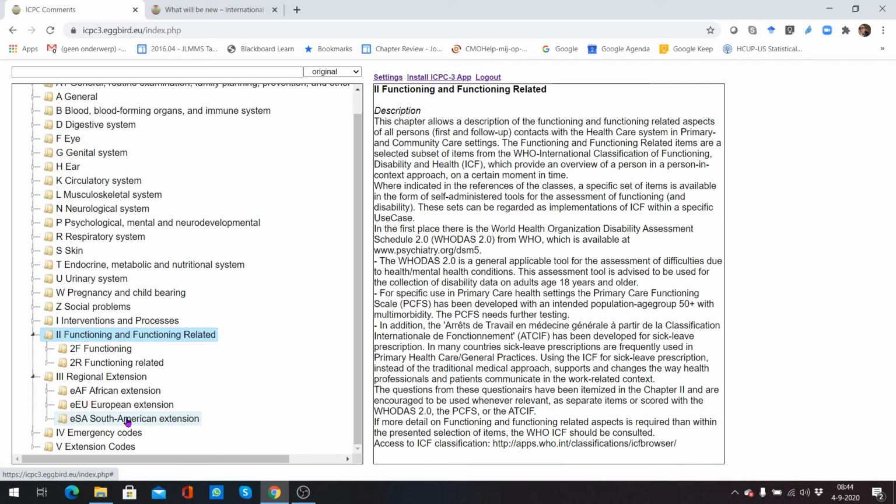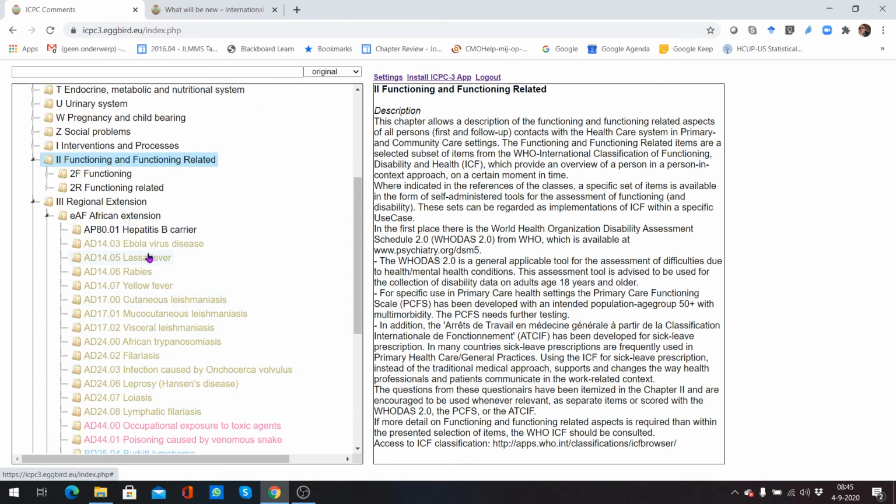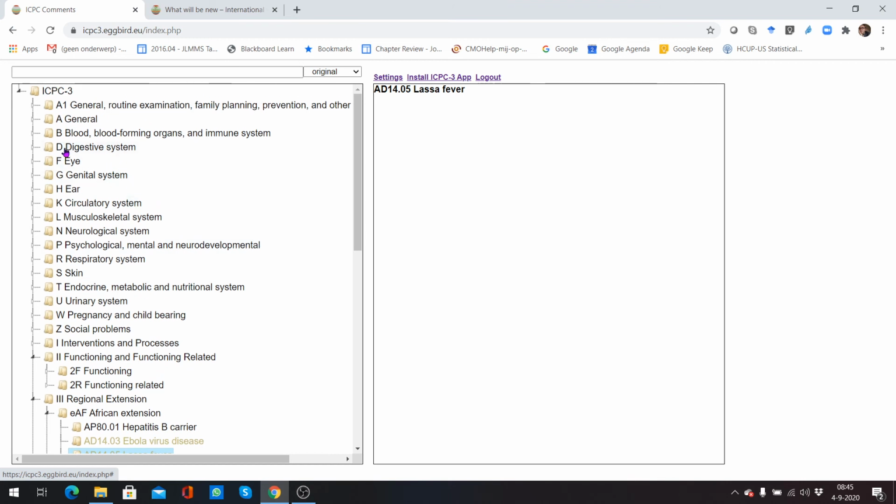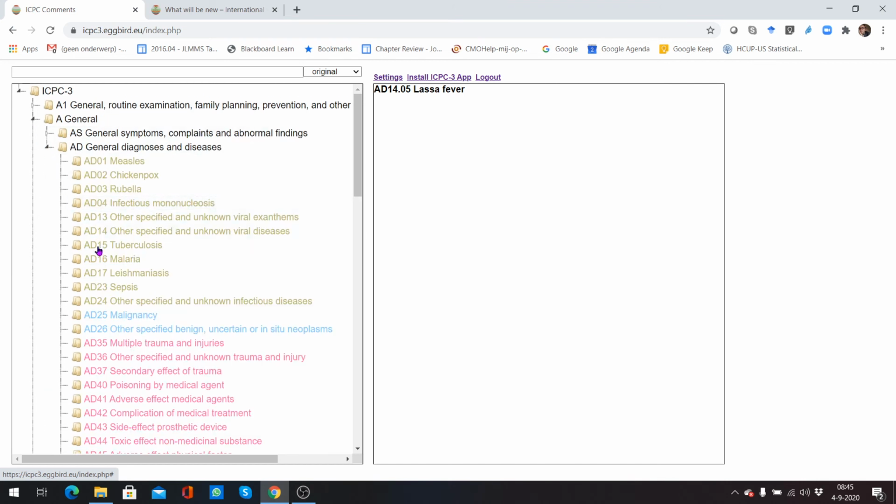And these regional codes are in the inclusions of the 4-digit classes. For example, Lassa fever is included in the African version and can be found as an inclusion term in the class AD14. So let's take a look there.